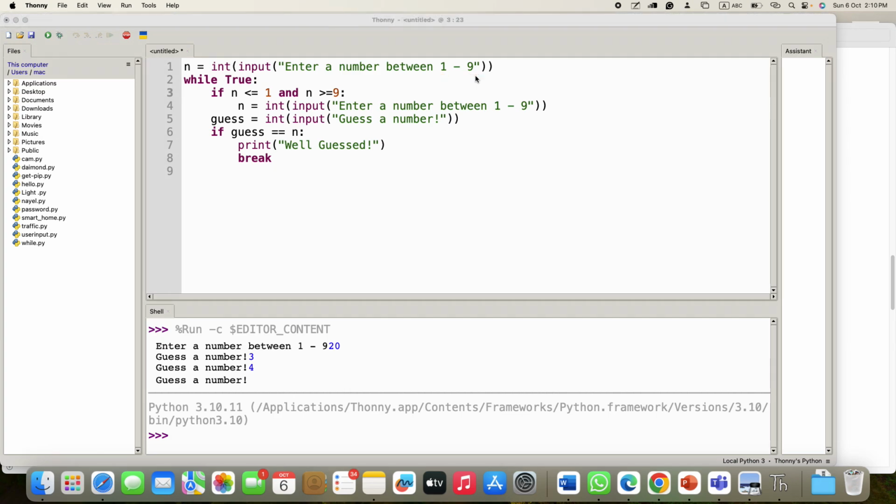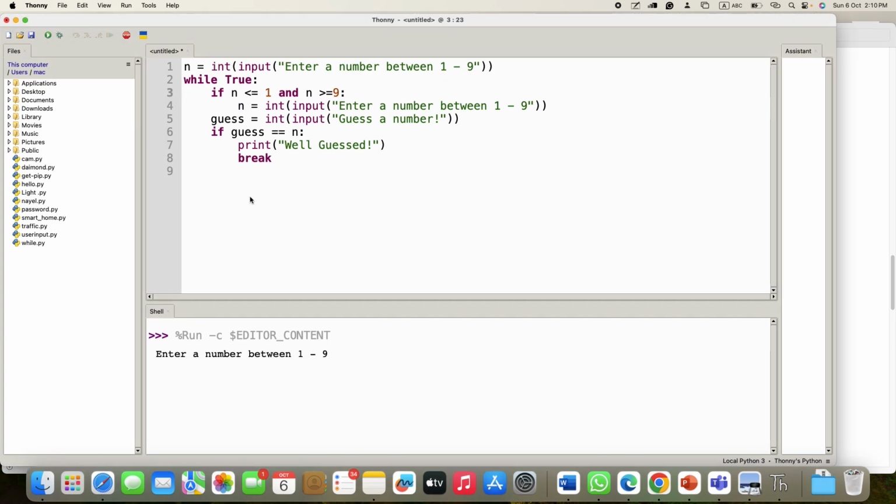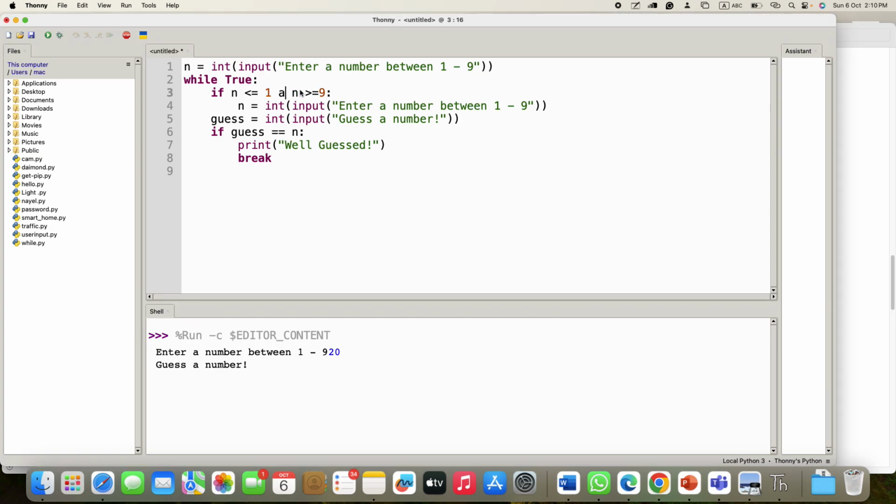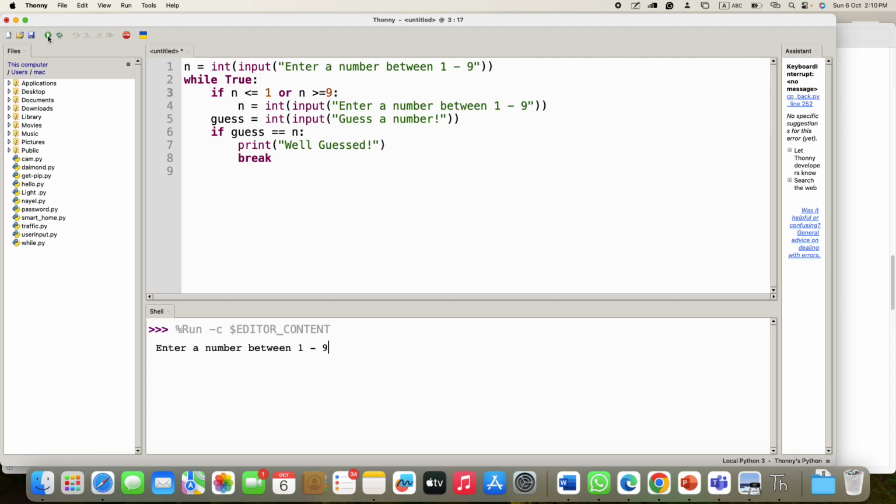Now, if I run this, and let's say I enter 20, it's going to ask me to guess a number. Oh, that has to be or, isn't it? Not and. Here it has to be or. Now I said 20. It's going to ask me to enter it again. But it's asking me to guess as well.